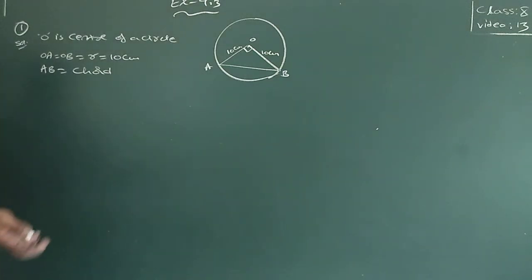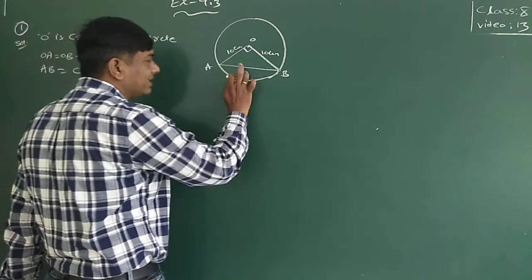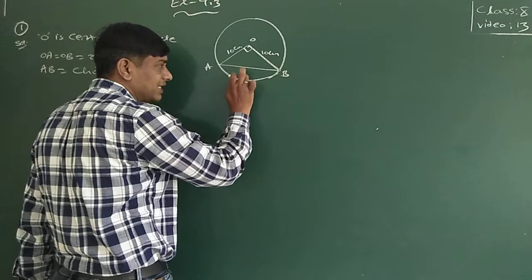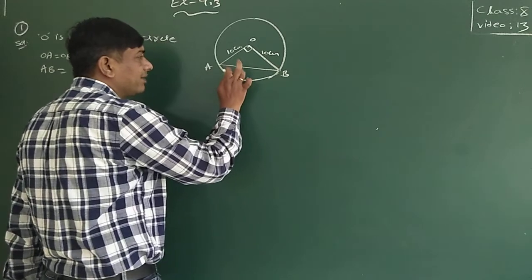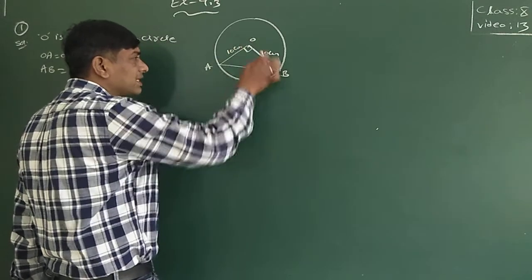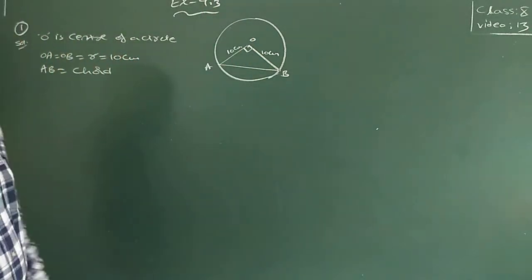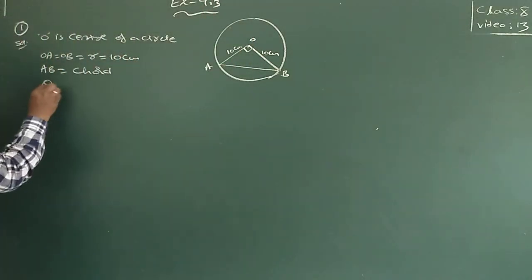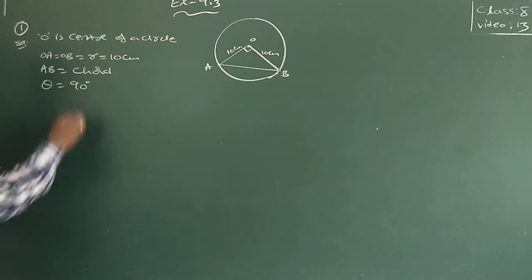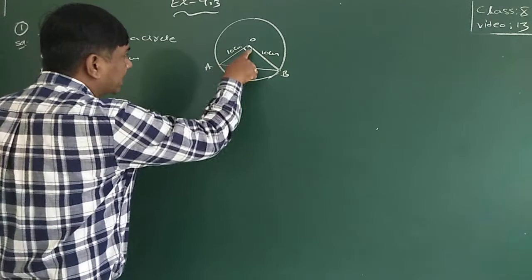Now the area of the minor segment means the segment is this one. To find the area of the minor segment, from this whole sector, if I subtract the triangle, that's enough. Now angle theta is equal to 90 degrees. The central angle made by this chord is 90 degrees.